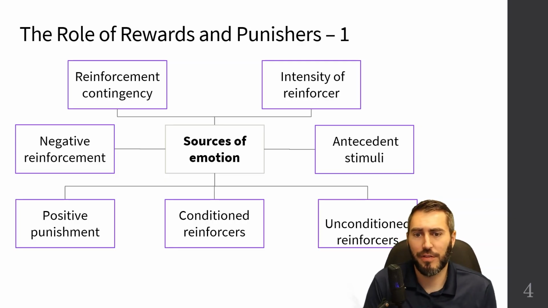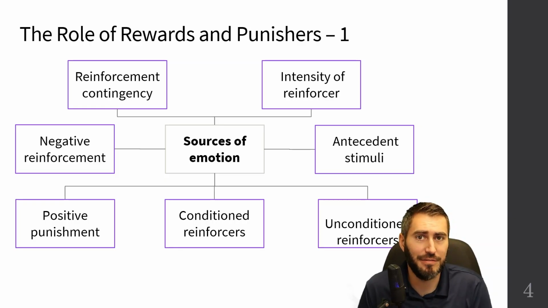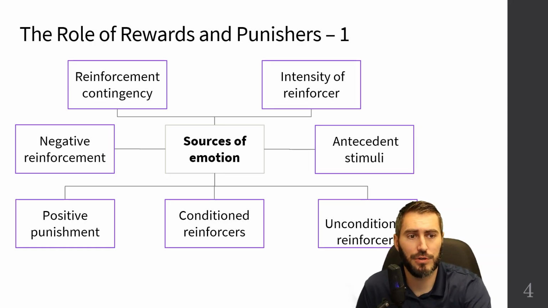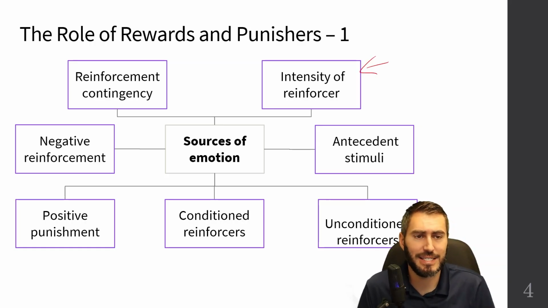So maybe some type of positive reinforcer or negative reinforcer might lead to positive emotions or negative emotions, respectively. Maybe the intensity of the reinforcer affects the emotion. Something that's really intense is going to bring out a stronger level of emotion, or something that is not that big of a deal is not going to evoke a huge emotion.